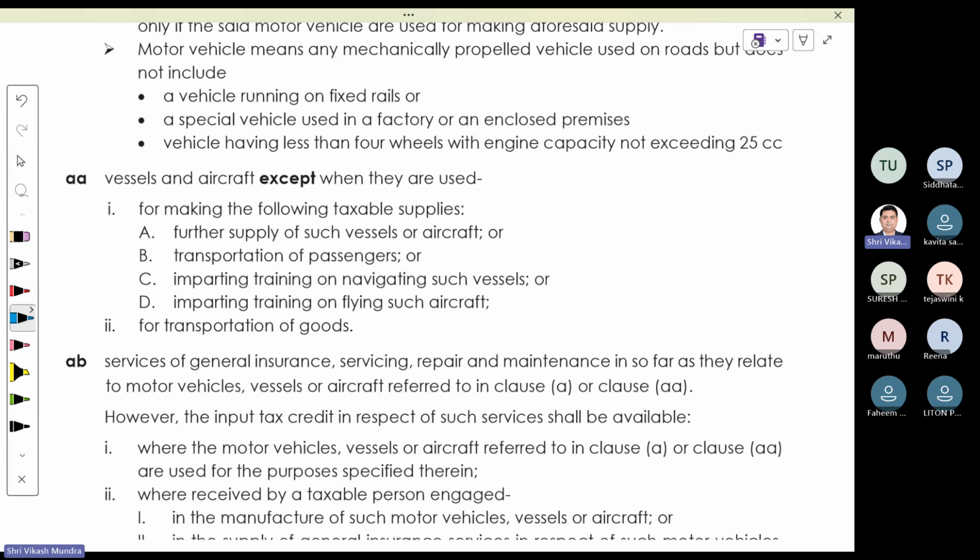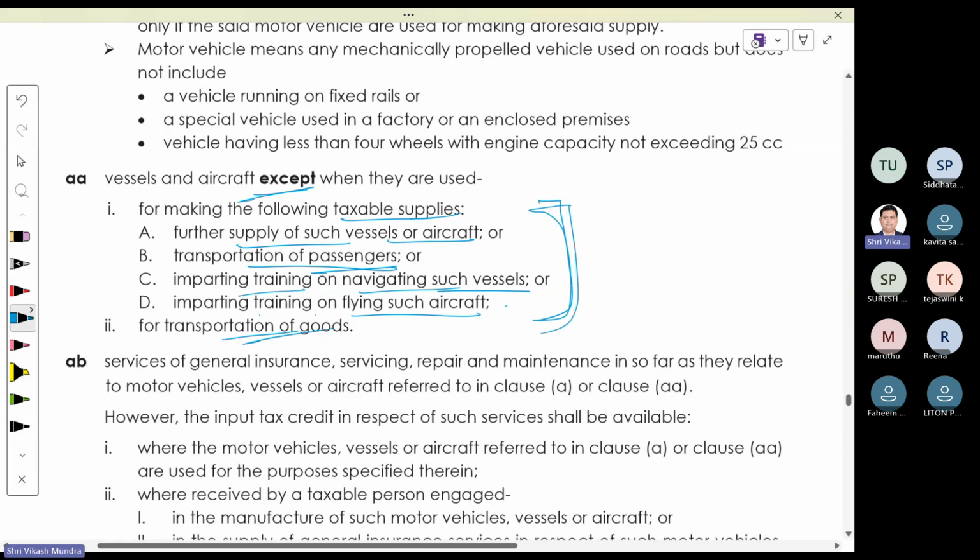ITC would not be available, however, ITC is available if that vessel or aircraft is used in making the following taxable supply: further supply of such vessels or aircraft, transportation of passengers, imparting training on navigating such vessels, imparting training on flying such aircraft, or use for transportation of goods. If for this purpose the vessel or aircraft is used, then ITC is available. Otherwise, it is not available.